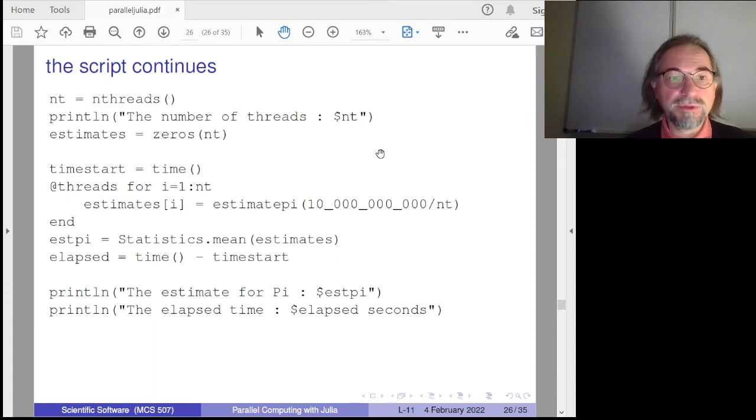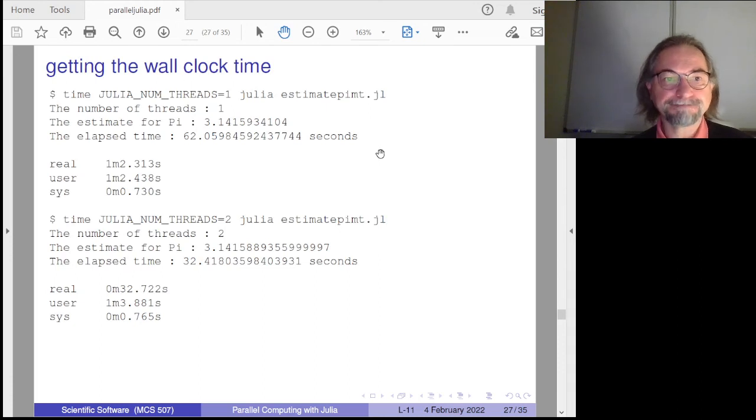Again, we use the statistics package, the mean, and we print the estimate for pi. So, the multi-threaded version.